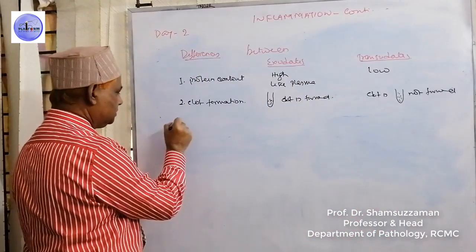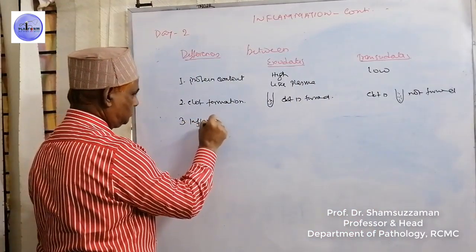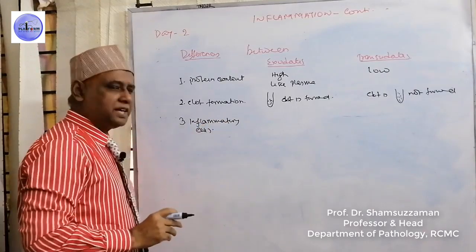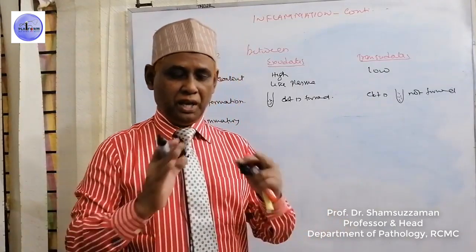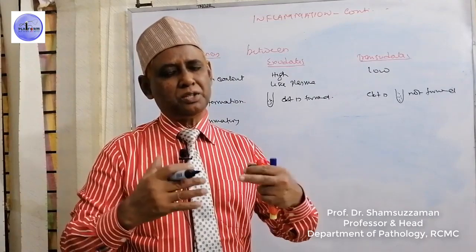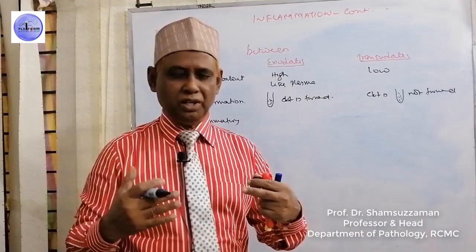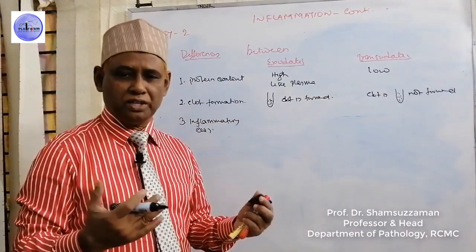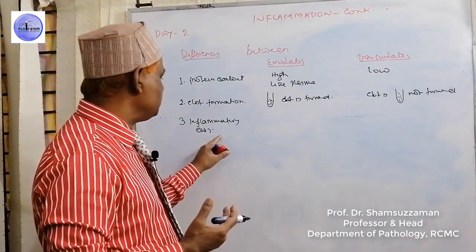And the next difference, inflammatory cells. Dear audience, I have told you exudate is formed due to increased vascular permeability, and this is due to endothelial injury or increased gap between two endothelial cells. As the gap between endothelial cells is increased, along with plasma protein, formed elements like leukocytes, WBCs, come out of the blood vessel into the tissue, and these are called inflammatory cells.